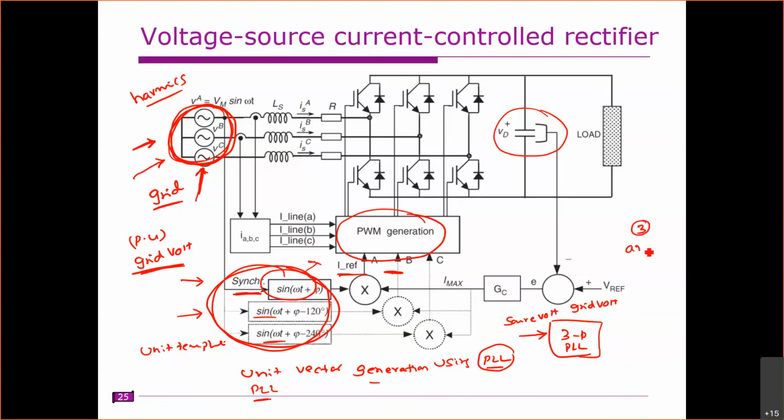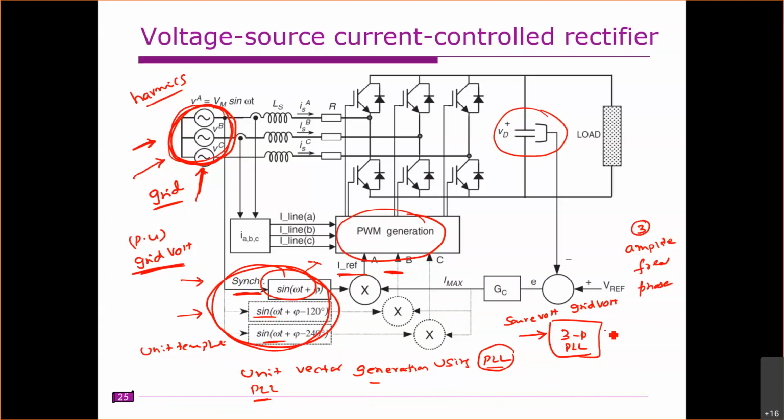First is amplitude, which in case of three phase normally gives the phase amplitude or the fundamental quantity, right? The second one is frequency, and the third one is the phase component.